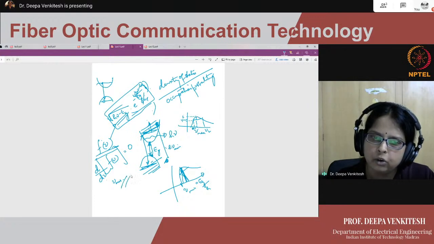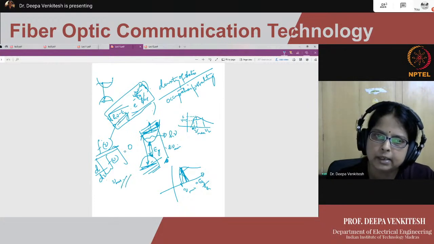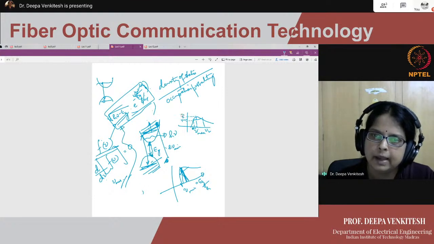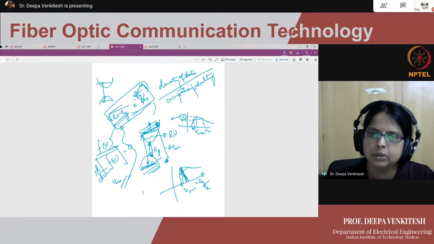How do you know the value corresponding to nu max? You already know nu max. So you substitute nu max in this expression. You will know the value corresponding to this, which is actually, I just wrote it as 1, but it is not 1.